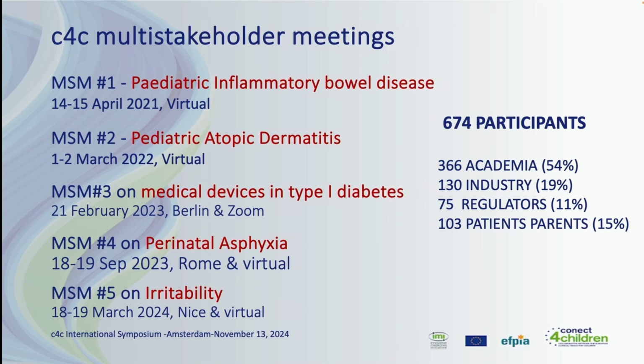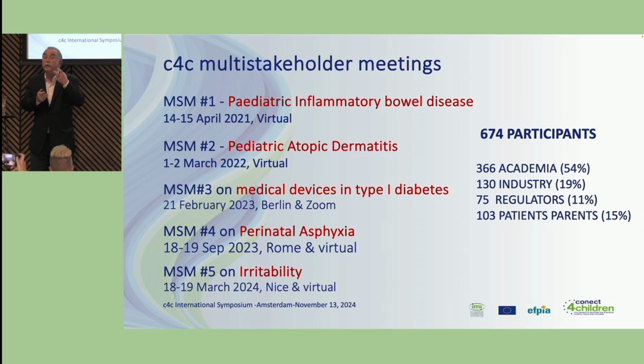In C4C, there was a task in Work Package 4 to experiment whether this multi-stakeholder meeting would be relevant and interesting outside of oncology. And we did 5 of them: pediatric inflammatory bowel disease, atopic dermatitis, medical devices in type 1 diabetes in children, perinatal asphyxia, and the most recent one last March was irritability.